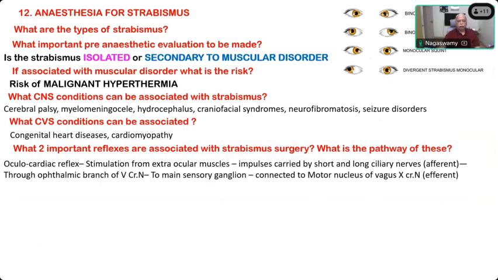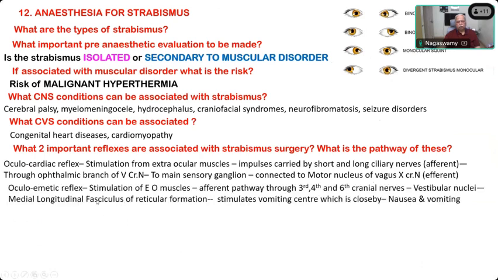That is the reflex arc. So stimulation from extraocular muscles, the afferent pathway is short and long ciliary nerves, which go through the ophthalmic branch of the fifth cranial nerve to the main sensory ganglia. These get connected to the motor nucleus of the vagus, and that vagus stimulation causes bradycardia. So that is the oculocardiac reflex.